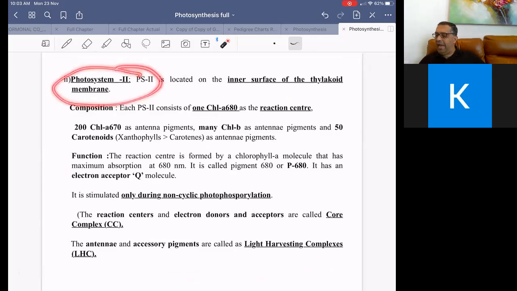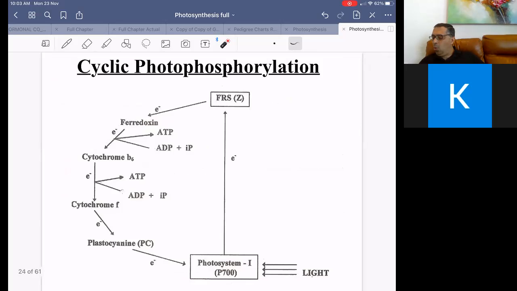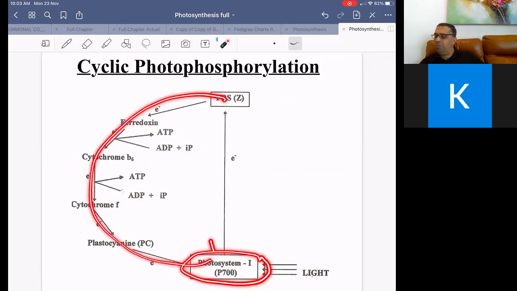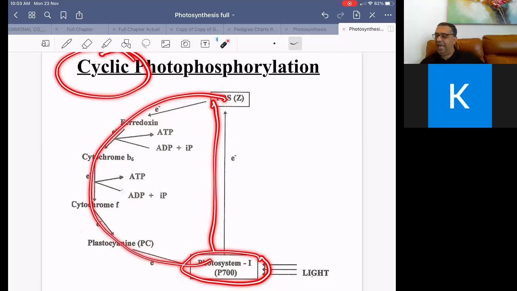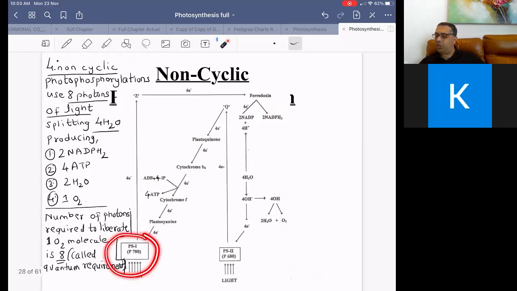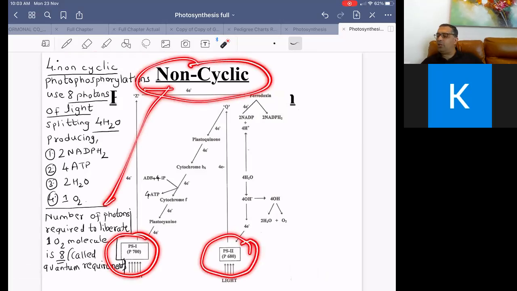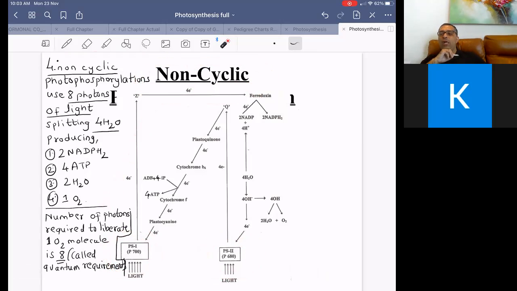PS2 participates only during non-cyclic photophosphorylation. This is the most important point. Remember this.